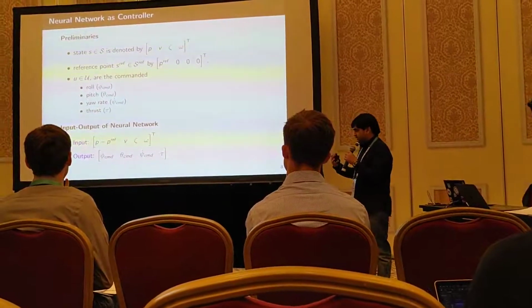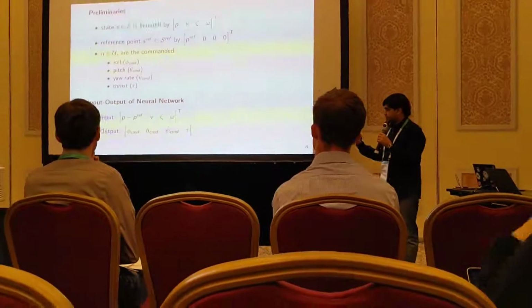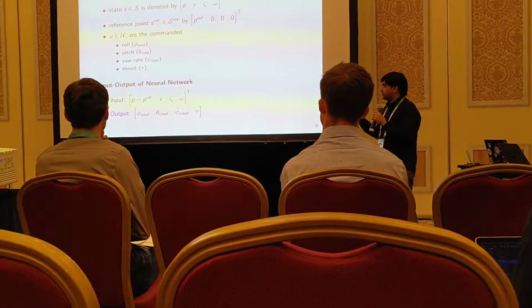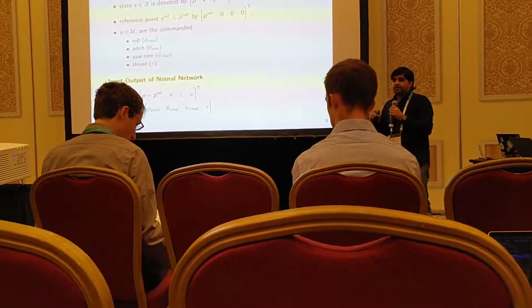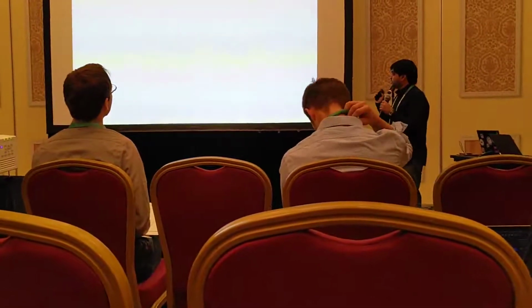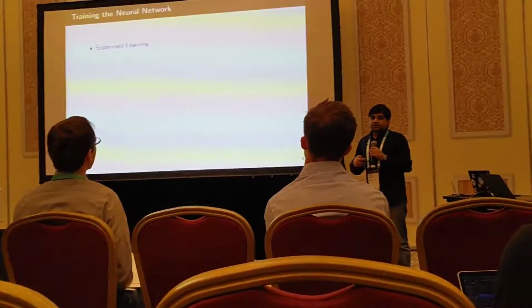And as a high-level controller, the DNN should output roll, pitch, yaw rate, and thrust. That's the output of the high-level controller. So in short, instead of an MPC, we are using a DNN as a high-level controller.